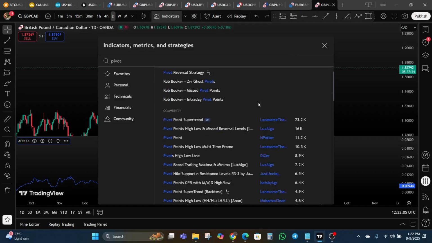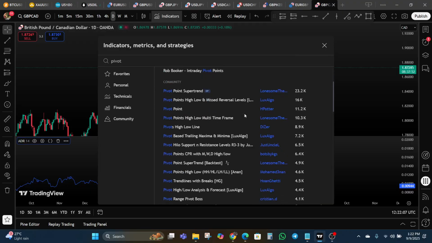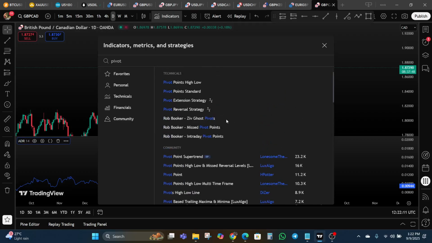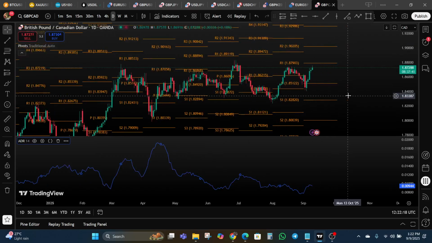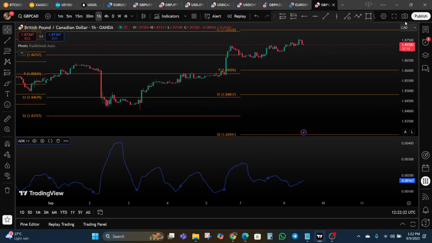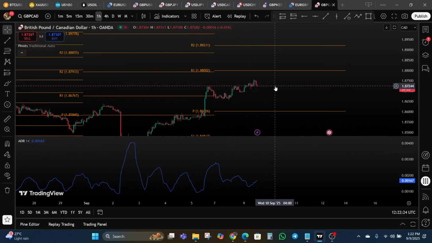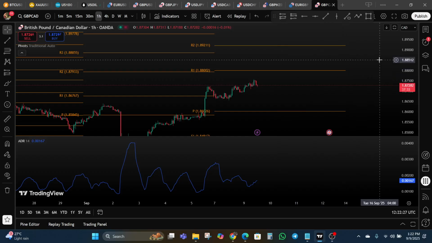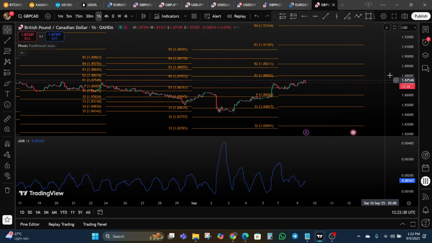I think we should be using a pivot point that is more detailed. Let's try out the pivot point standard. Let's just go to a lower time frame. Now there are several levels when using pivot points.